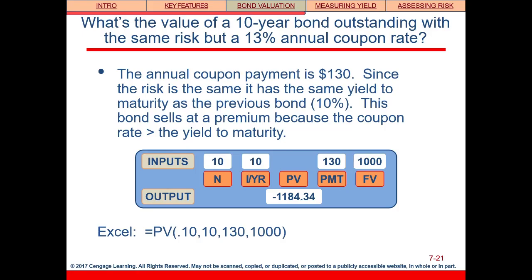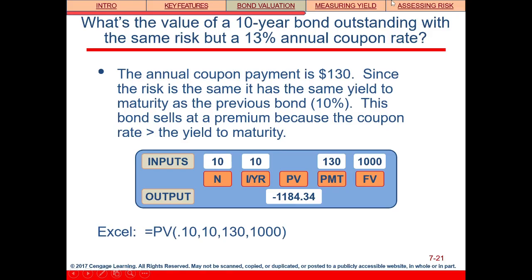So that means the market interest rate is 10%, but the coupon interest rate is 13%. So what does the coupon interest rate affect? That directly affects the payment, right? That's the cash flow you receive every period, the interest income you receive every period, right? So if it's a 13% coupon interest rate, then every year you should receive $130, right?